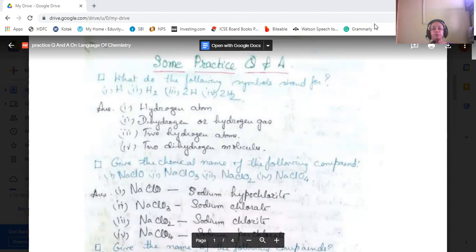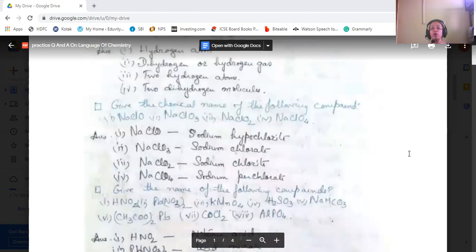Then give the chemical name of the following compounds: NaClO, NaClO3, NaClO2, NaClO4. See, NaClO is sodium hypochlorite. How does this name come?